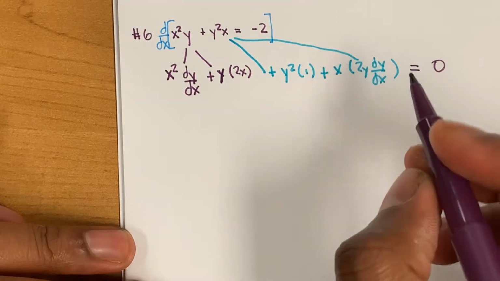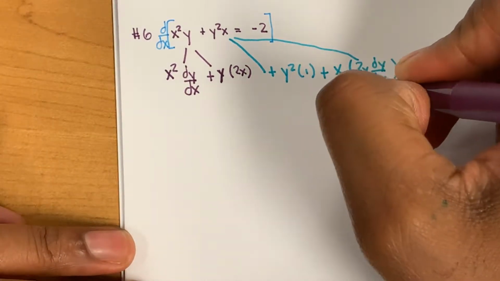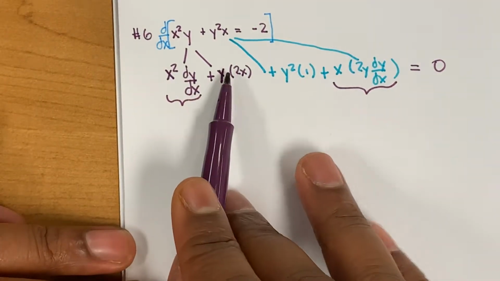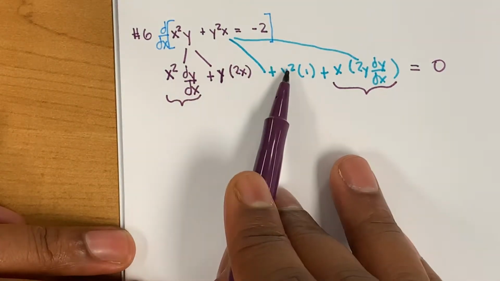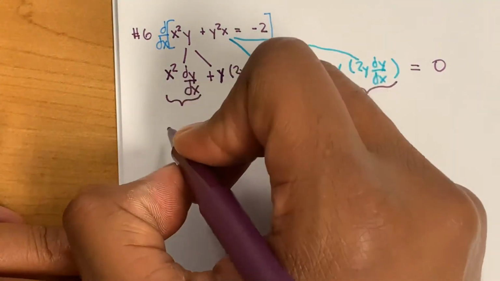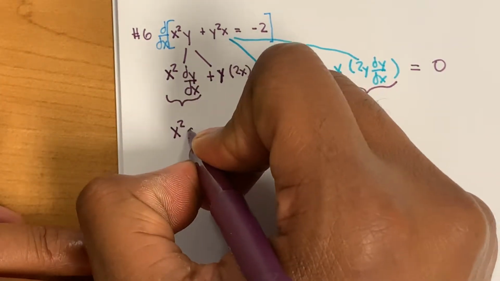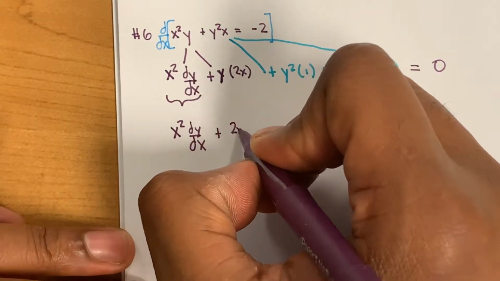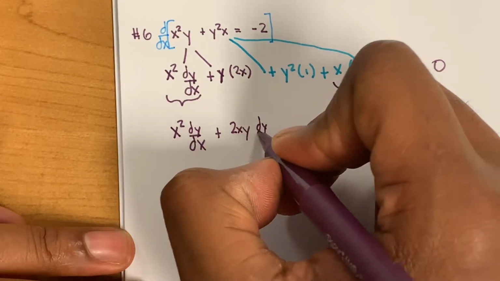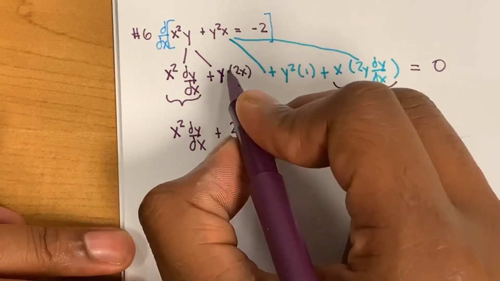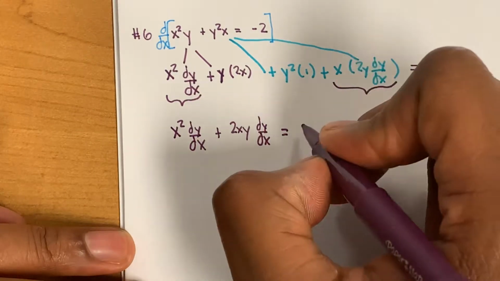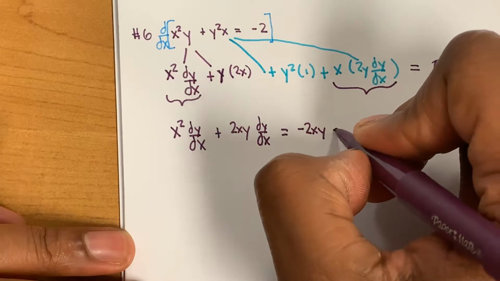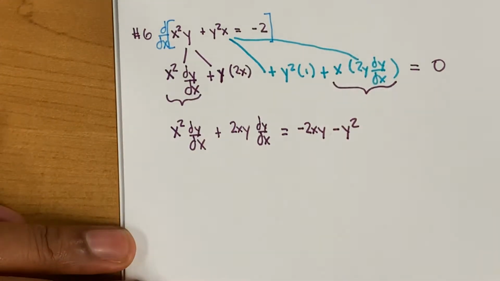So we want to group the terms that have a dy over dx. That's going to be this term and that term, meaning we should just move the 2xy and the y squared to the right. In doing so, we get x squared dy over dx plus 2xy dy over dx equals, so remember we move the 2xy to the right, so we get negative 2xy, and we move y squared also to the right, so we get minus y squared.